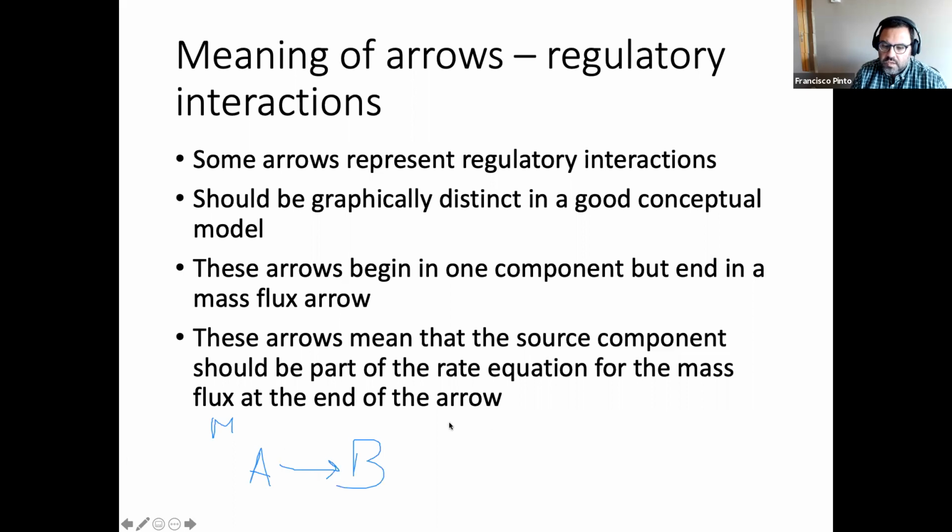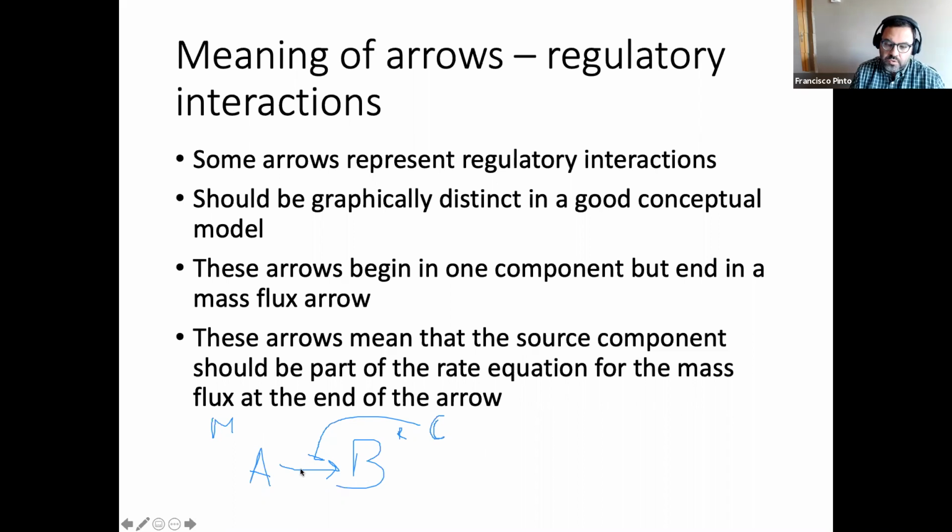But if you have a regulatory flux, it's like C inhibits this process. So the regulatory interactions, if they are well represented, connect one component to a mass flux arrow. Okay, so they do not end in another component. That means that this C is going to be important to the rate expression of this process. So this is a regulatory interaction, while this is a mass interaction.